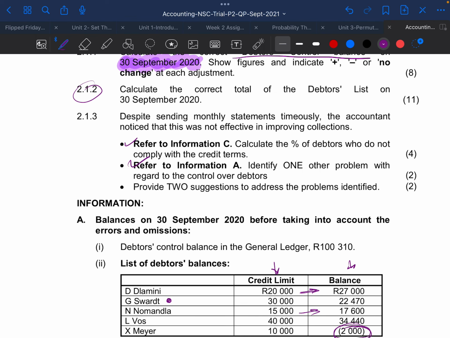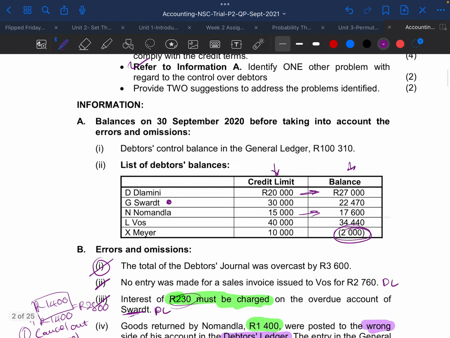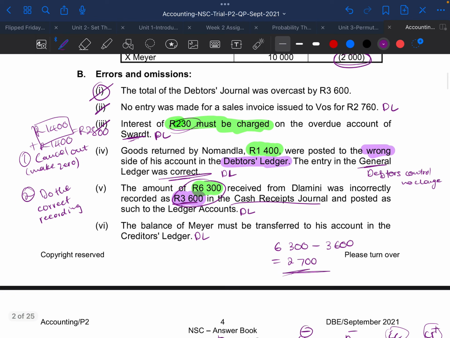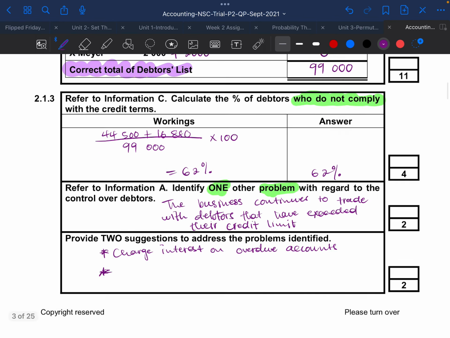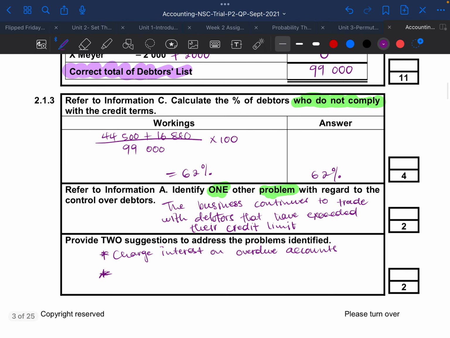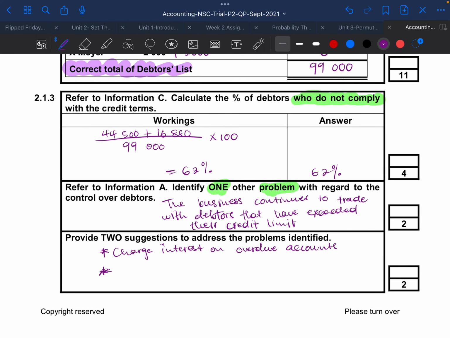And then provide 2 suggestions to address the problems identified. So now we have been charging interest, like we said. So now it's only to find the second solution, and I'm challenging you to find the second solution, what that might be, to address the problem that has been identified.